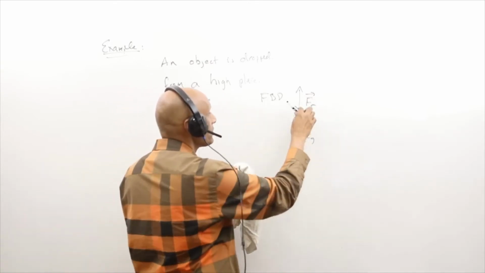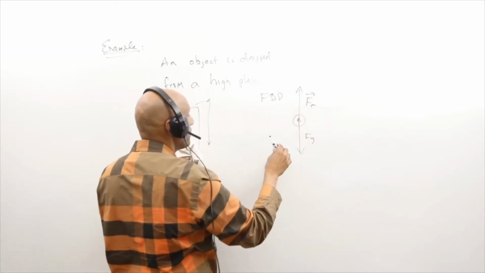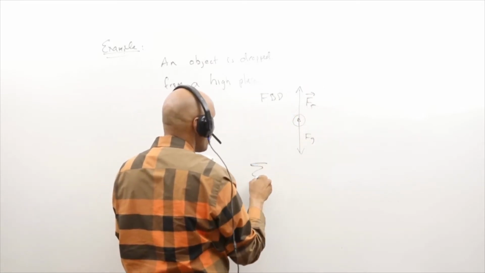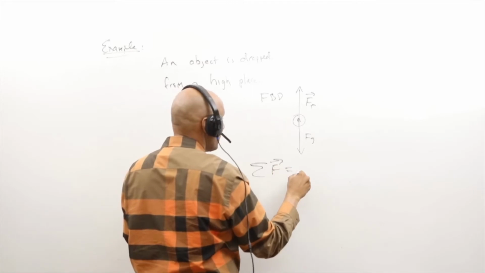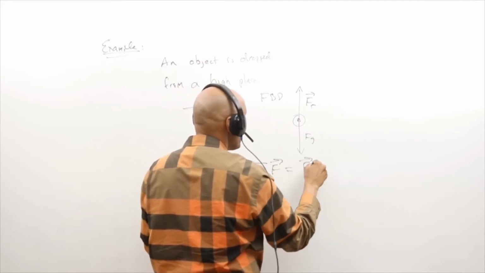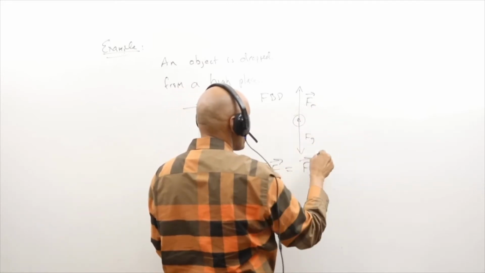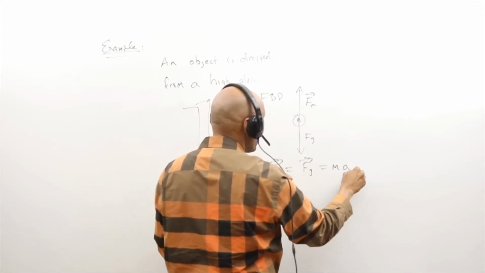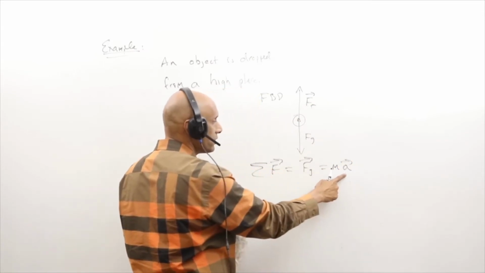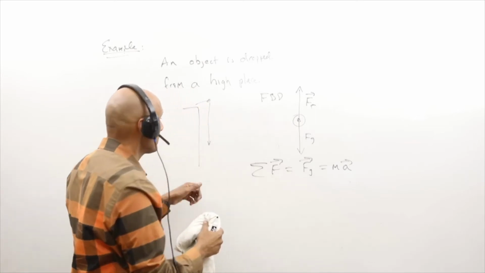If we didn't have this force, and we're in vacuum, you know that the sum of all forces using Newton's second law is equal to the force of gravity pulling down, and if there is no air resistance, we'll just get mass times acceleration. And we know that acceleration is due to gravity, and so we can estimate exactly the motion.